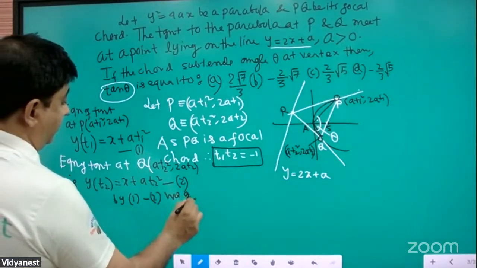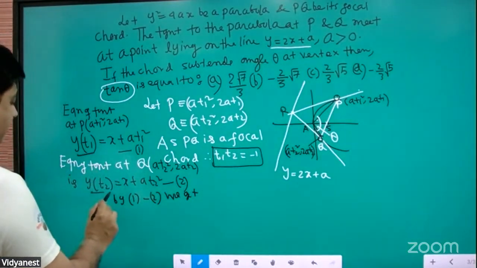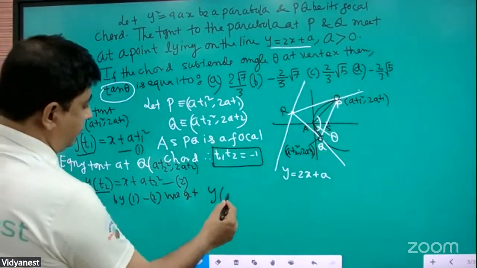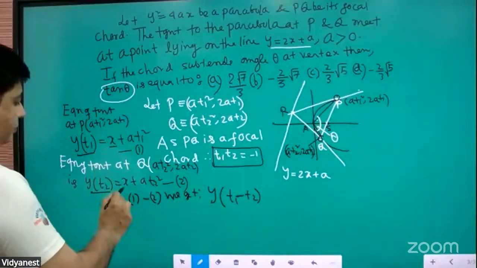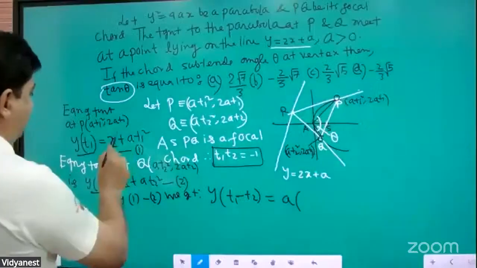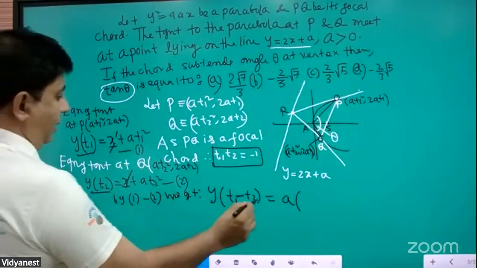This minus this, we get y (t1 minus t2), x will get cancelled, is equal to a (t1 square minus t2 square).